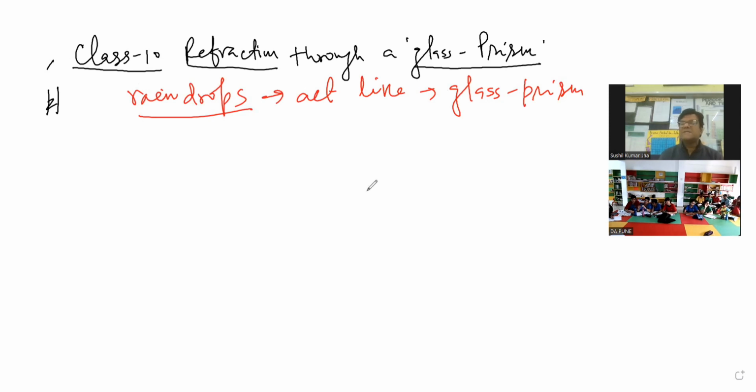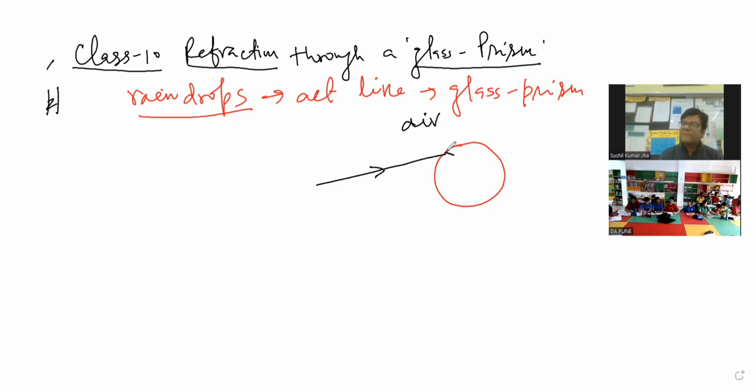So during rainy season, what happens? Let's say this is a raindrop. Let's say a ray of light strikes this raindrop. When it strikes, what will happen? Inside there is water now. So light is entering from air to water.